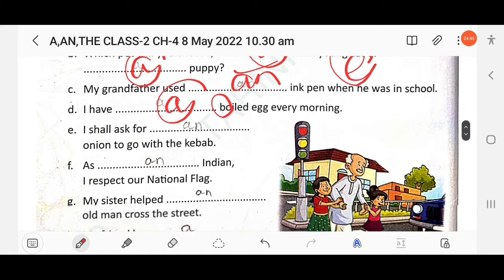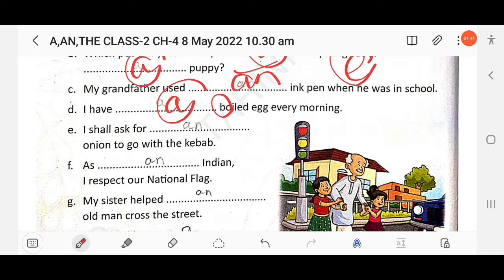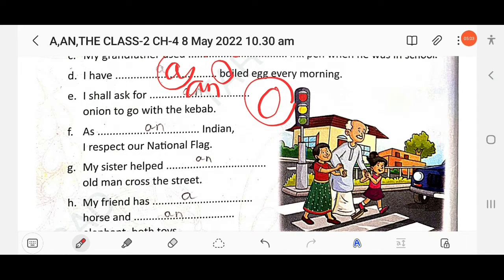The next: I shall ask for dash onion to go with the kebab. Here onion, o, vowel sound. So you have to use an. The next: as dash Indian I respect our national flag. Indian, pronunciation e, vowel sound.